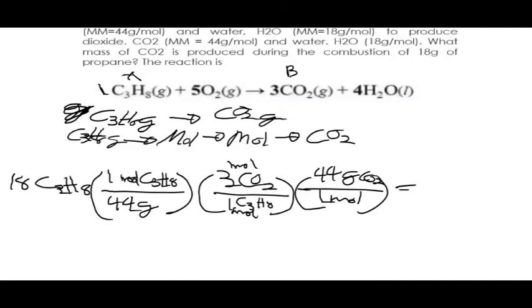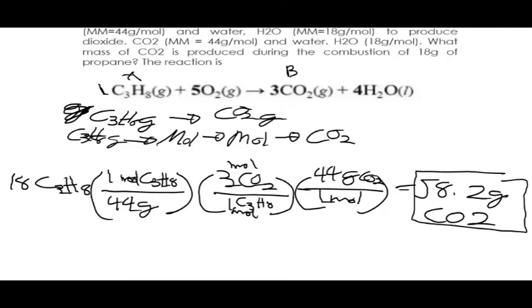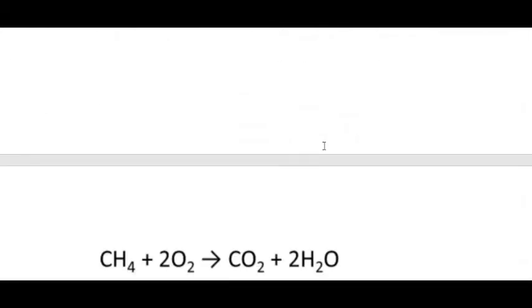So, pag minultiply natin lahat yan, makakaproduce tayo ng 58.2 grams of CO2. And that would be our final answer. So, paano nangyari yan? Gram, mole, mole, to CO2. So, another one. Let's try another one.